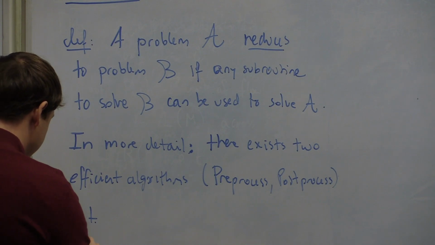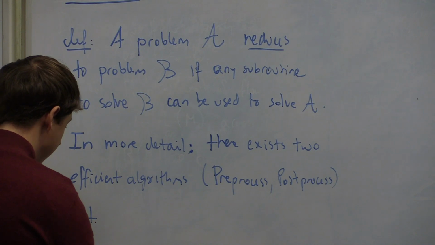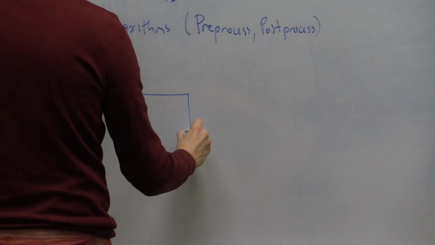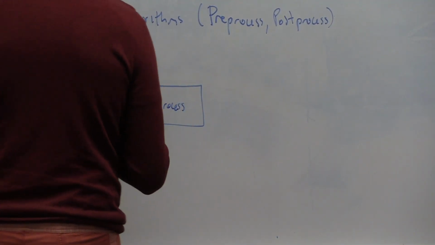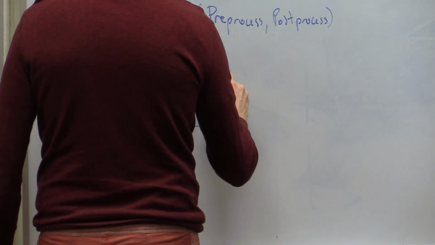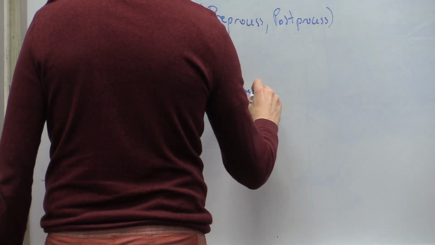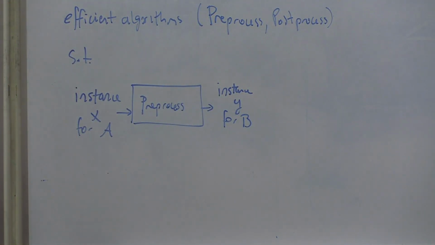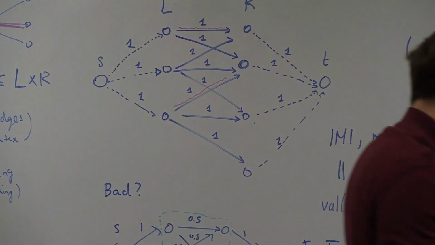If you have some instance x for A, and you give this instance to the pre-process algorithm, it's going to produce an instance y for B. This is analogous to saying you give me an instance of bipartite matching, and I pre-process it to construct an instance of max flow.